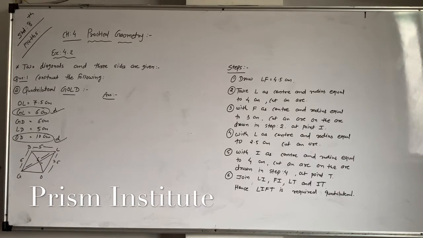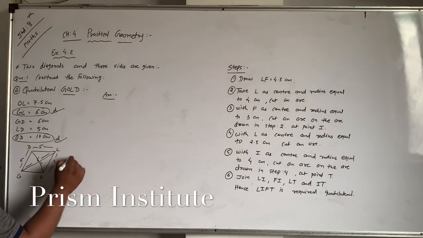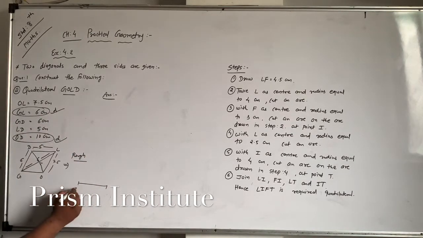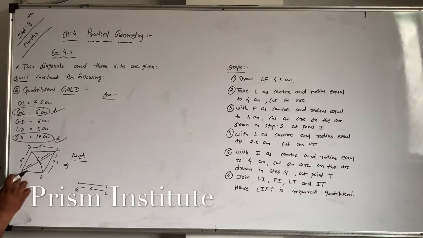Now our purpose is to reconstruct the rough sketch with the help of the diagonal. So now take the diagonal GL, that is 6 centimeter. Now just see here, in triangle GLD, all sides are given: GD, DL and LG.